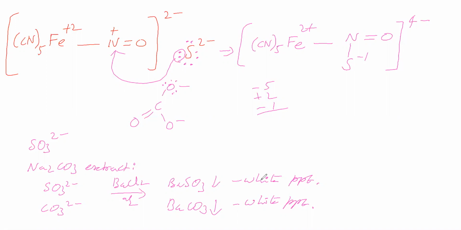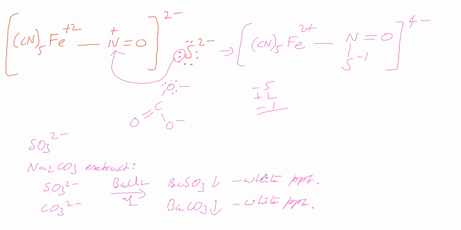Here carbonate is involved, which means carbonate is interfering in the test. Carbonate is interfering, so what do you have to do? First we have to remove the carbonate, and only then test for sulfite. So first we remove carbonate as carbon dioxide by adding dilute acid. Then we test sulfite, because of the interfering radical carbonate.